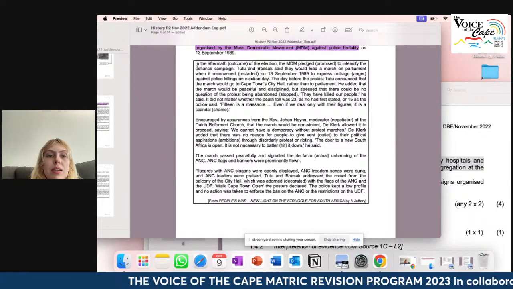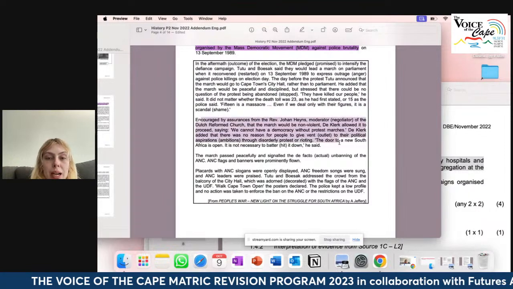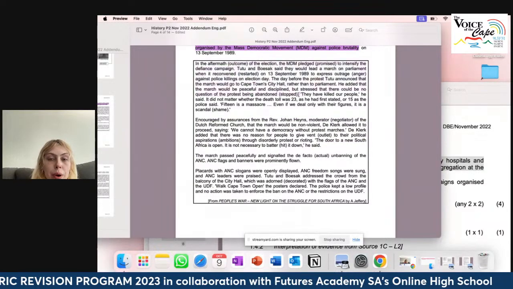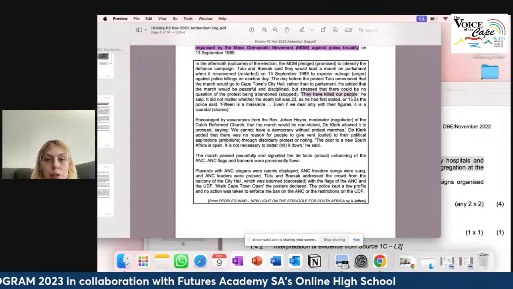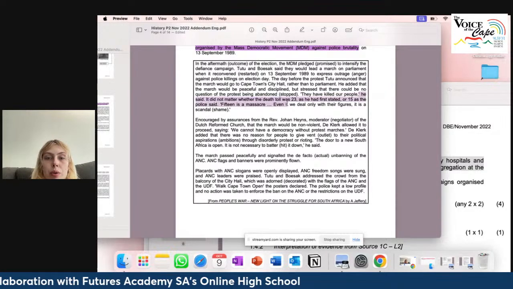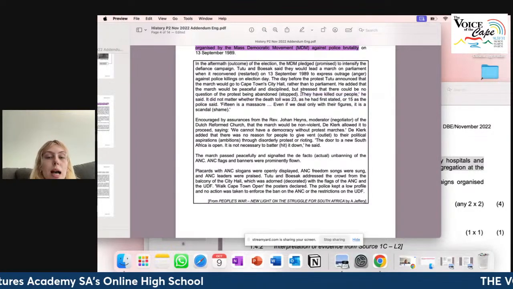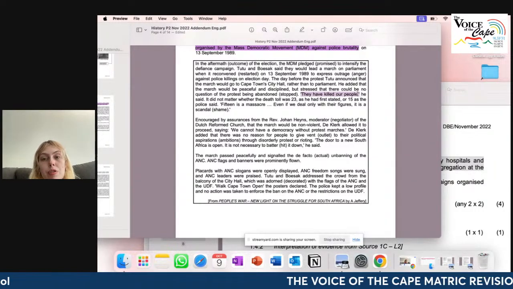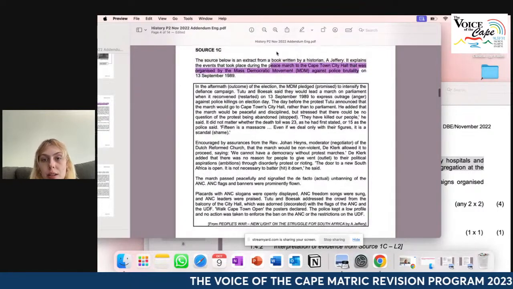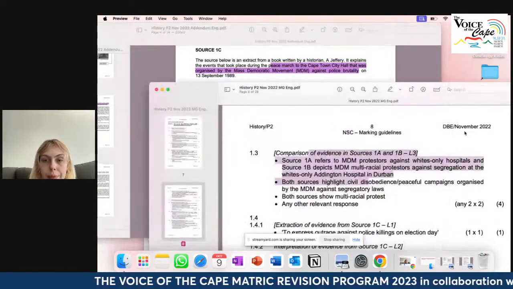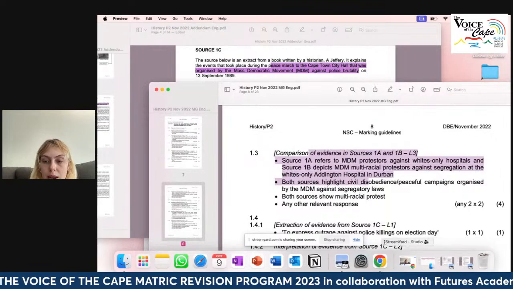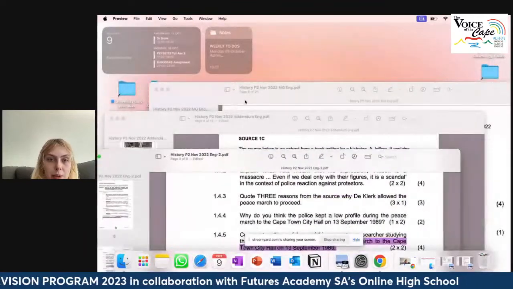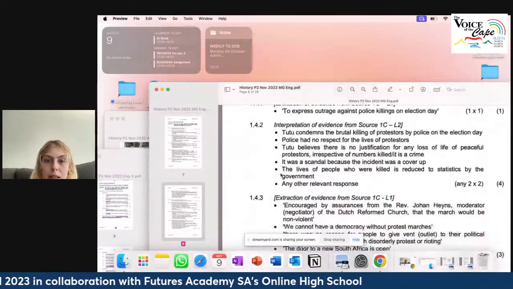So it gives us information on how the apartheid government responded, gives us the reasons for the march, and it also gives quotes, which could be quite useful to understand what the atmosphere was and where the people are coming from, prominent leaders of the Mass Democratic Movement like Tutu and Boesak. So you will see that then in the memo, just probably a bit shorter than what I said it.